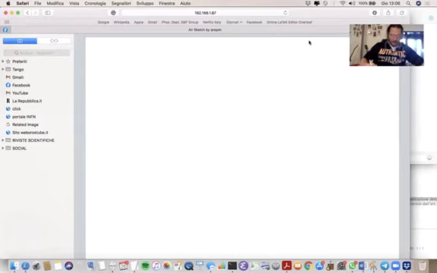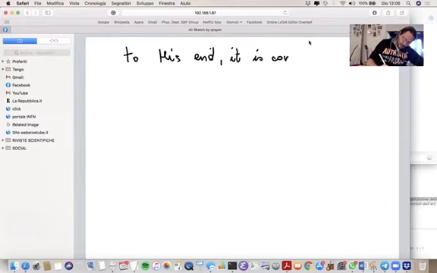To this end, it is convenient to resort to spherical polar coordinates.